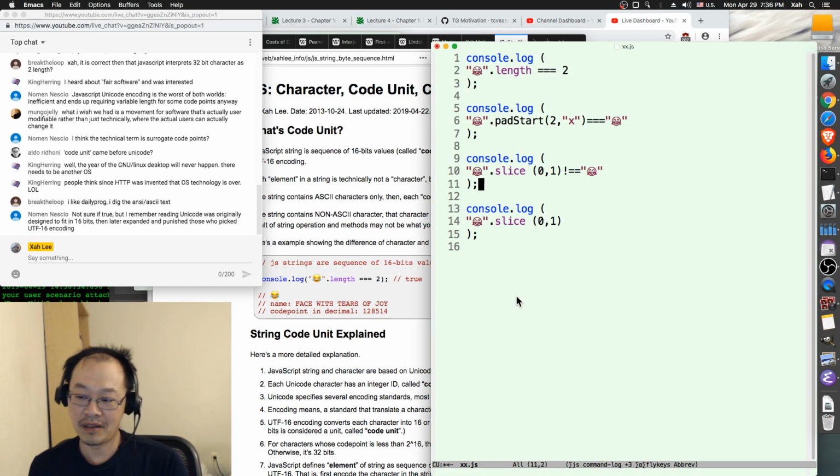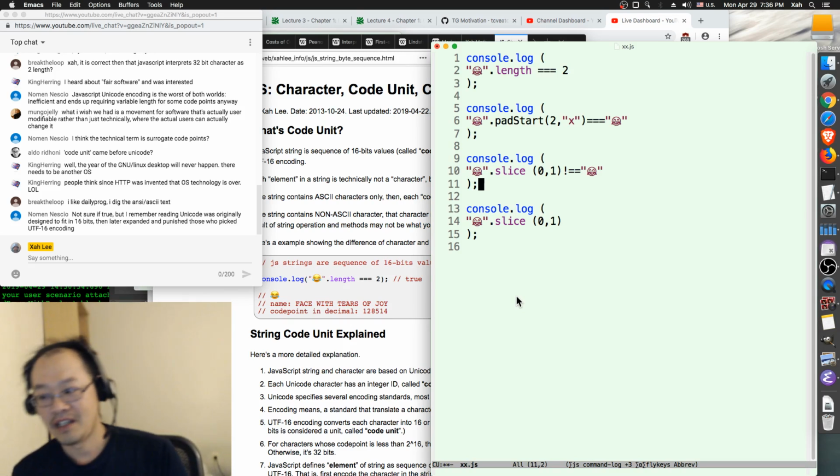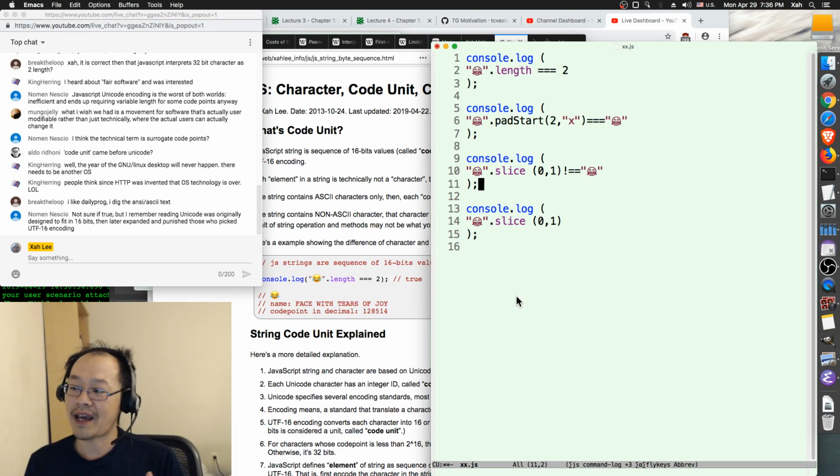UTF-8 came later. In the beginning, there were just UTF-16 and UTF-32. UTF-32 would take two or four times the disk space, so people were not sure about that. Obviously people thought UTF-16 was the right choice.